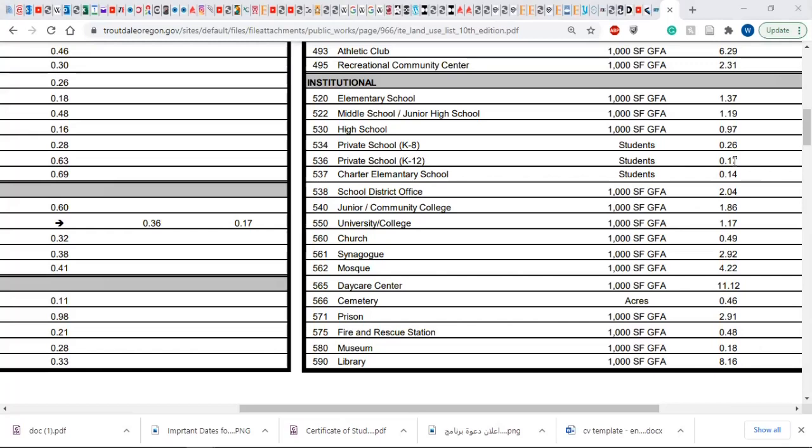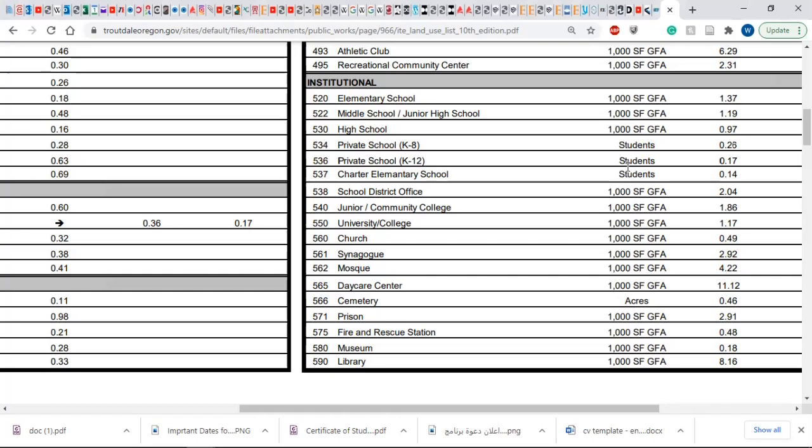So that's why you see this number 0.17. A group of students get into a bus. That's why per student it's 0.17, because of course there are the teachers and the other employees in the school. If you calculate it all together, the average will be 0.17.